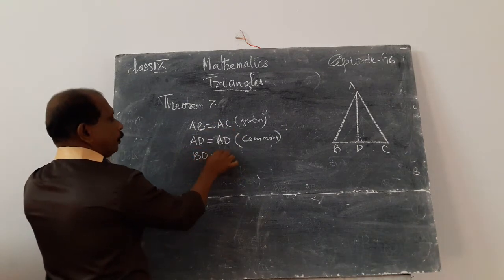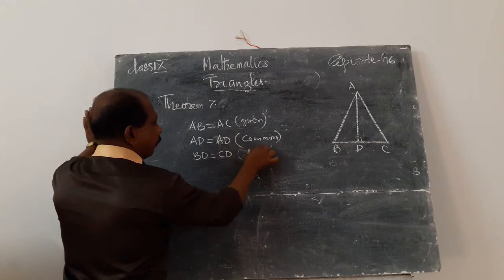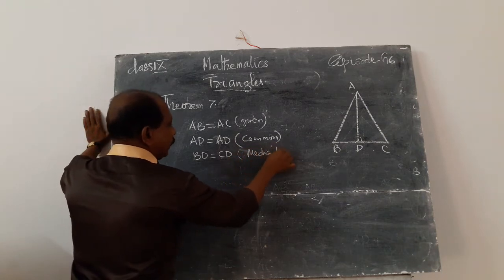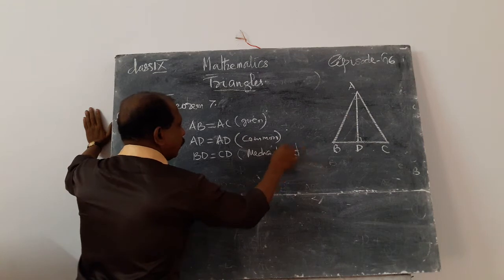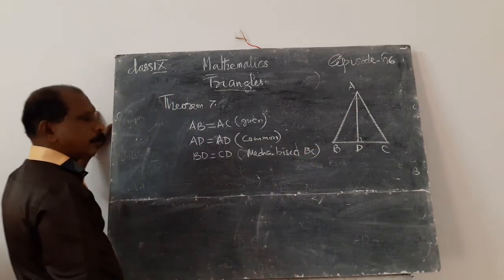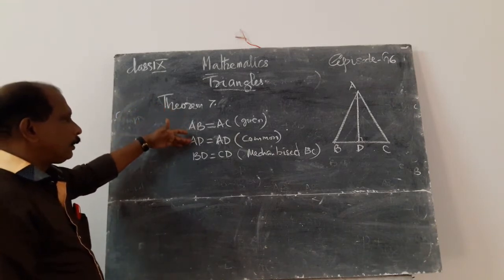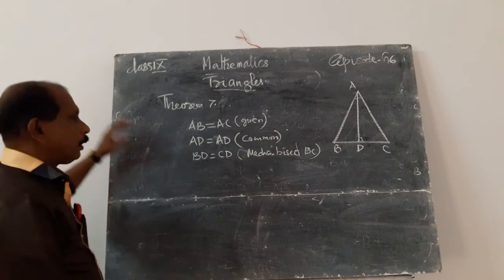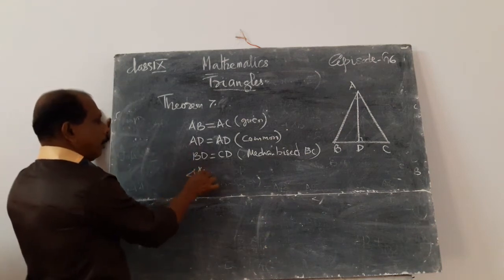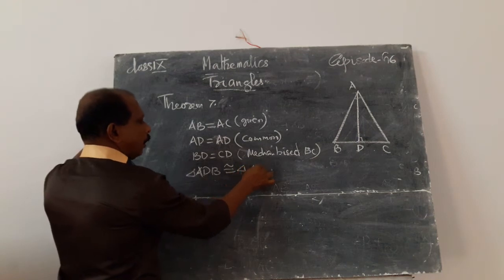BD is equal to CD, that is midpoint, median, bisected BC. That is the reason. Therefore, we know the first side, second side, third side. Therefore, triangle ADB is congruent to triangle ADC.